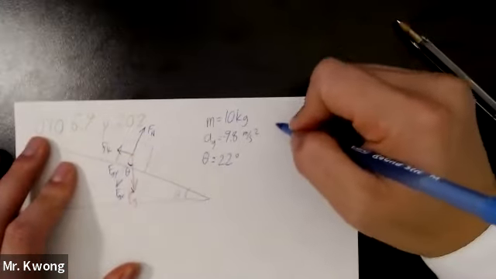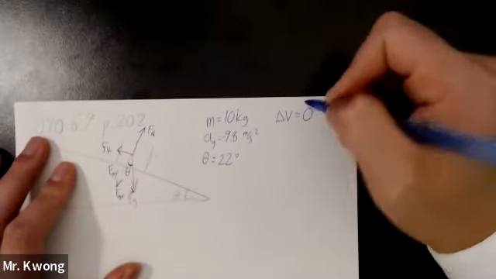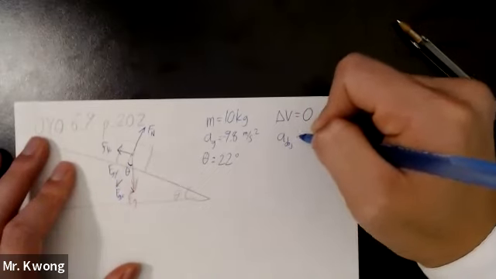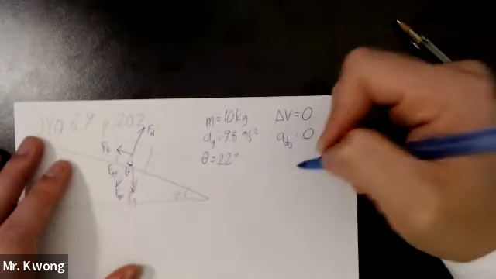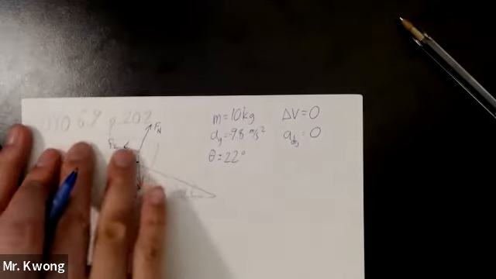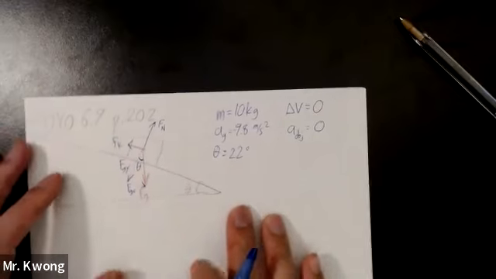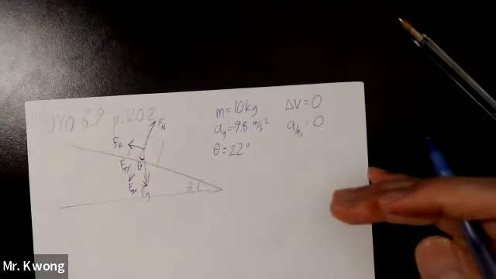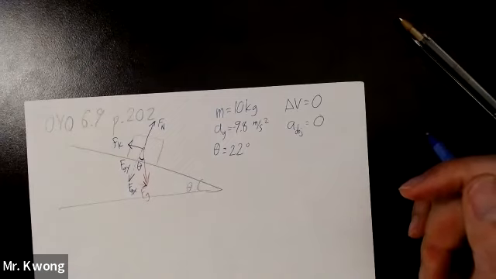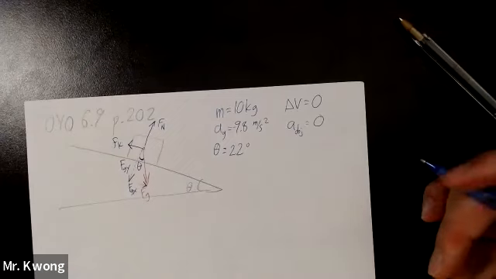And we are also told that the change in velocity is 0, which means that the acceleration of the object is 0. So when we look at the horizontal forces here as it's sliding down the incline, the sum of all the forces is going to equal what value? Yeah, it's going to be 0.